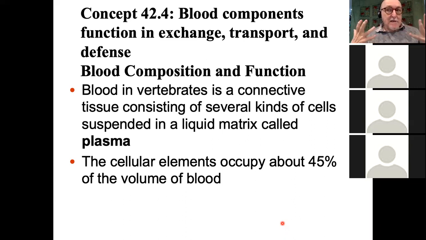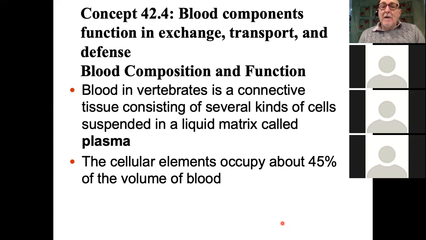The second thing is blood is a transport mechanism. It's a transport mechanism, obviously, for the gases themselves, but also for nutrients, hormones, all sorts of things like that. And then lastly, it is intimately involved in the immune system and in the immune function, as we'll see.